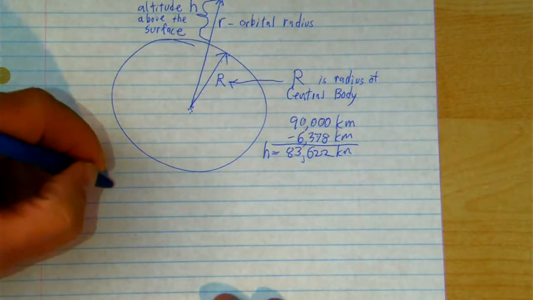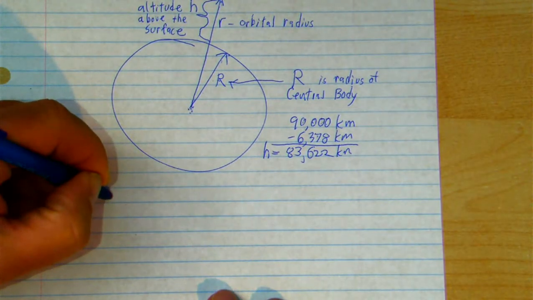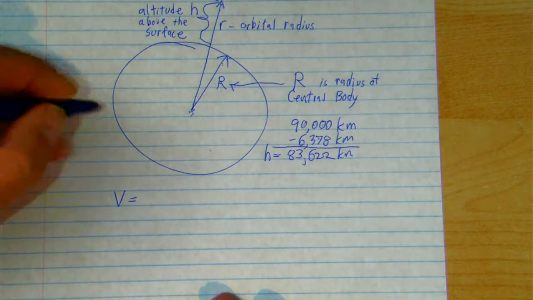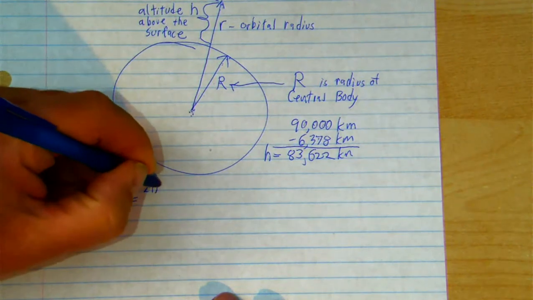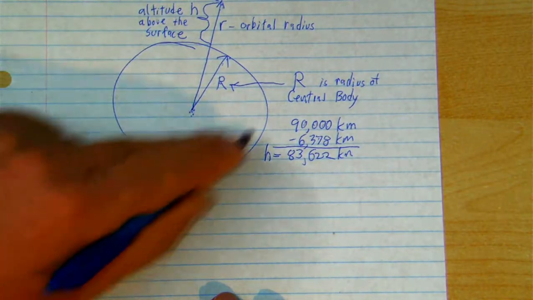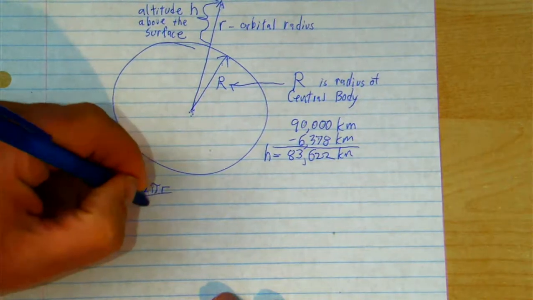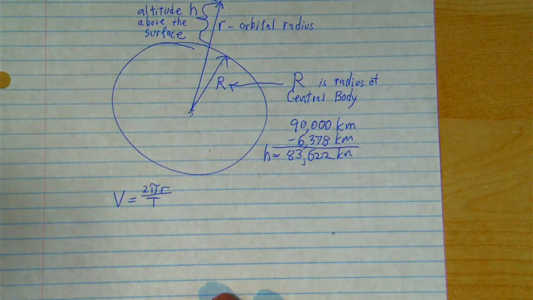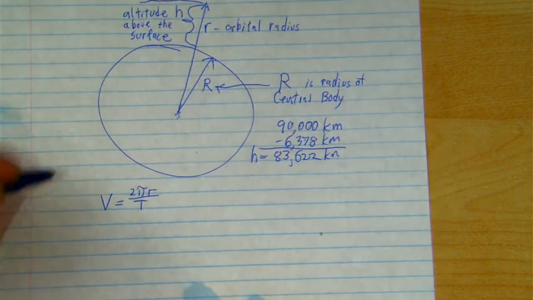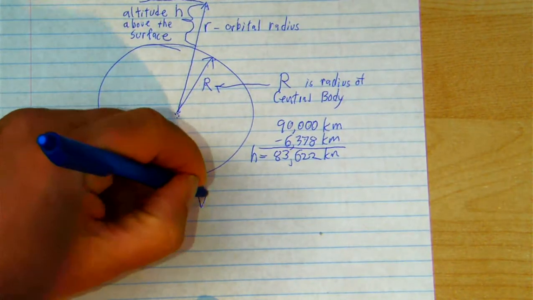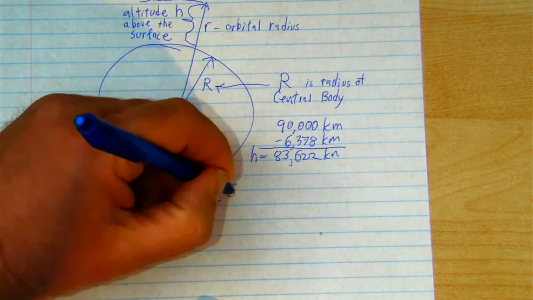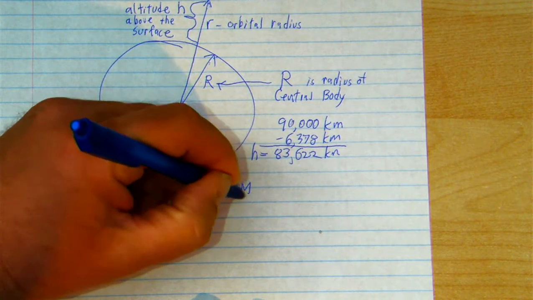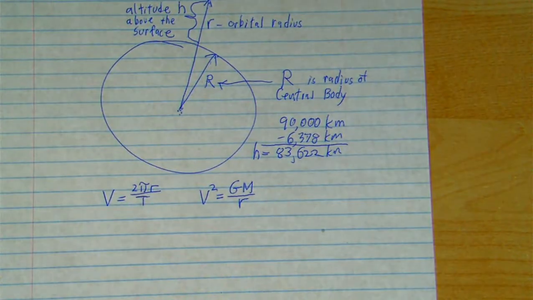I had said earlier that v, the speed at which you're moving in a circular orbit, could be represented as the circumference of the circle divided by the period of time it takes for you to go around the circle once, capital T. But we also just looked at this formula that said v squared is equal to universal gravitational constant times the mass of the central body divided by the orbital radius.